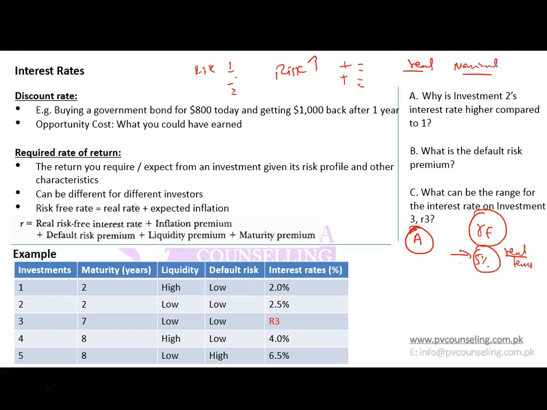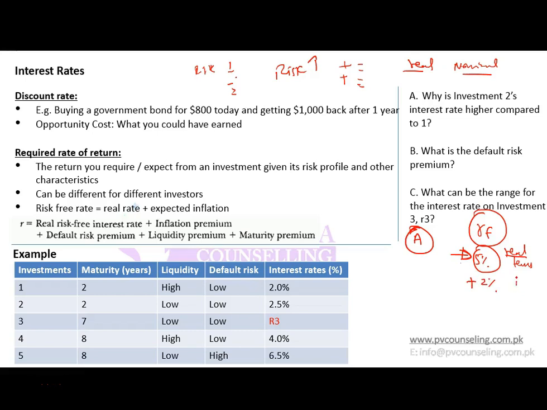So as this is a real rate, this means it does not include inflation premium. Now you know there will be inflation in the market. If there is inflation, your money will lose value. So for that you need some extra return, some premium to account for that inflation, because goods that are being sold for $100 today may be sold for $105 after 1 year. So on top of it, you will add an inflation premium.